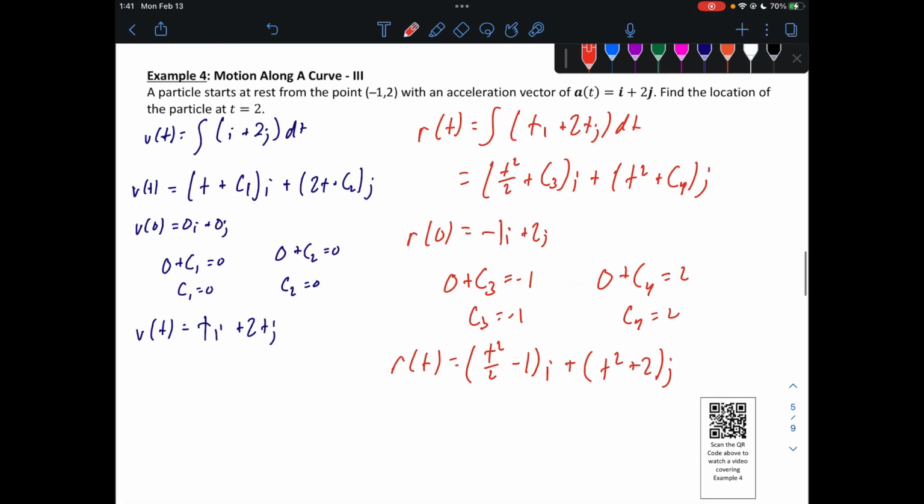So finally, find it at 2. So r of 2 would equal 4 over 2 is 2 minus 1. So it'd be just 1 i. And then 2 squared plus 2 is 6, so plus 6 j. So at t equals 2, the particle is at 1 comma 6.